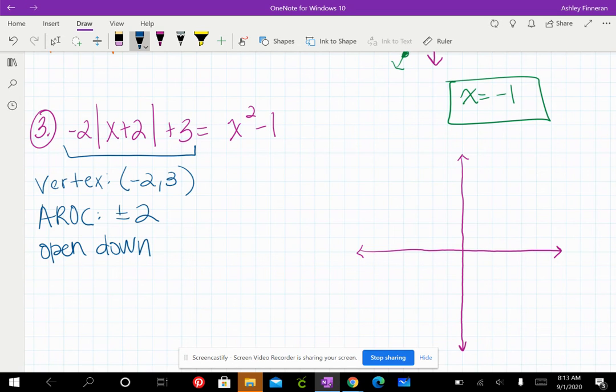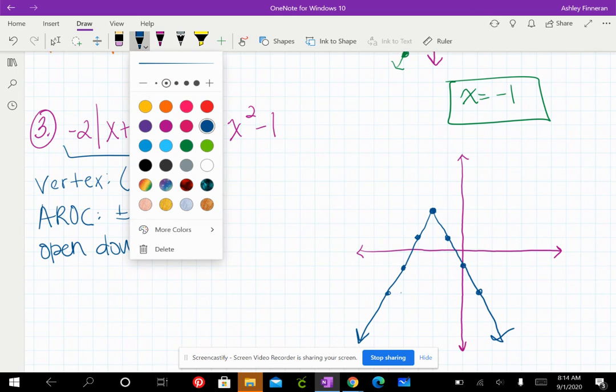So I'm at -2, 1, 2, 3. And then I'm going to open this down, down to over 1, down to over 1, down to over 1. I'm going to do the other side, down to over 1. And there's my absolute value v.